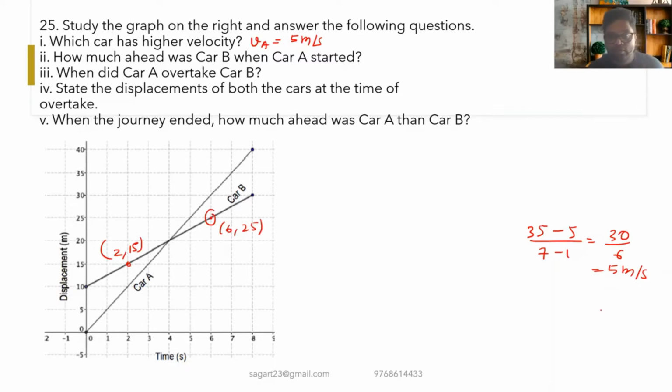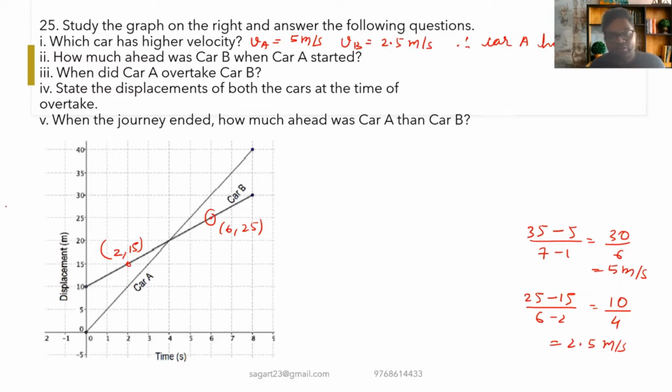So we have 25 minus 15 upon 6 minus 2, that is 10 upon 4, which is 2.5 meter per second. So velocity of car B is 2.5 meter per second. Therefore car A has a higher velocity.